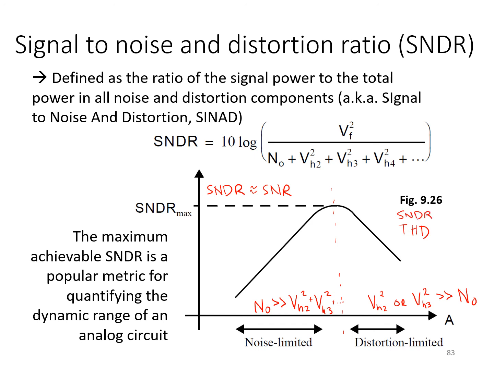SNDR would be approximately just equal to THD, actually the inverse of THD, the way we defined it previously. And we know that THD gets worse with increasing amplitude. So there is a sweet spot in between there where the noise and the harmonic terms are comparable in size, and that gives us the maximum achievable signal-to-noise and distortion ratio. That itself is a popular metric for quantifying the dynamic range of an analog circuit.